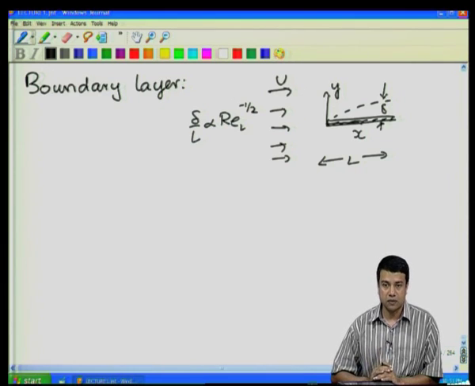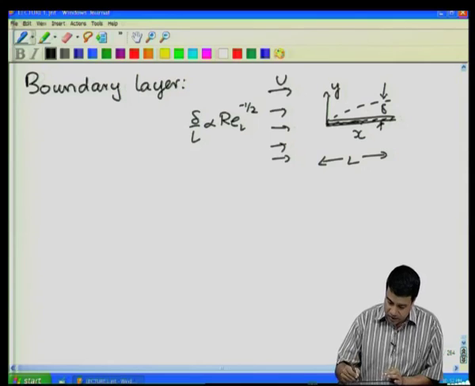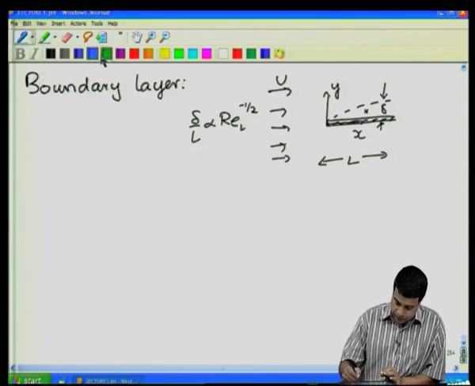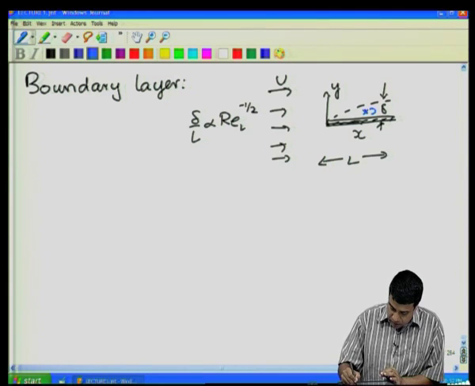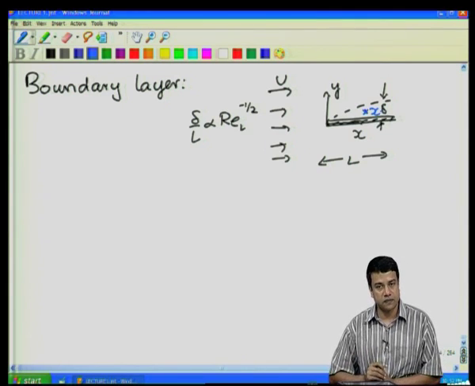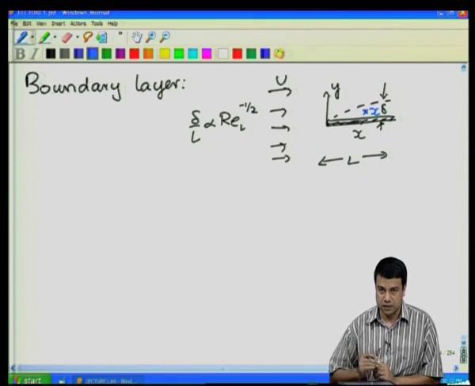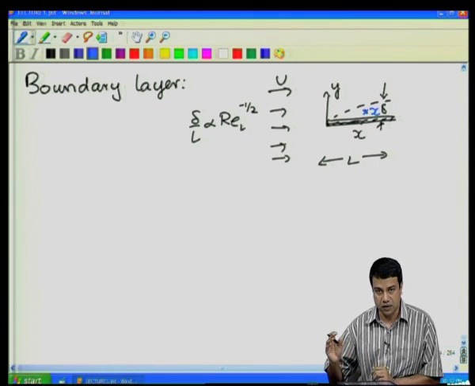And then in order to obtain similarity solutions, we use the additional piece of information that at a given location x within the flow, the value of the boundary layer thickness at that location will not depend upon the total length L, because the downstream edge of the plate is downstream of this location x.